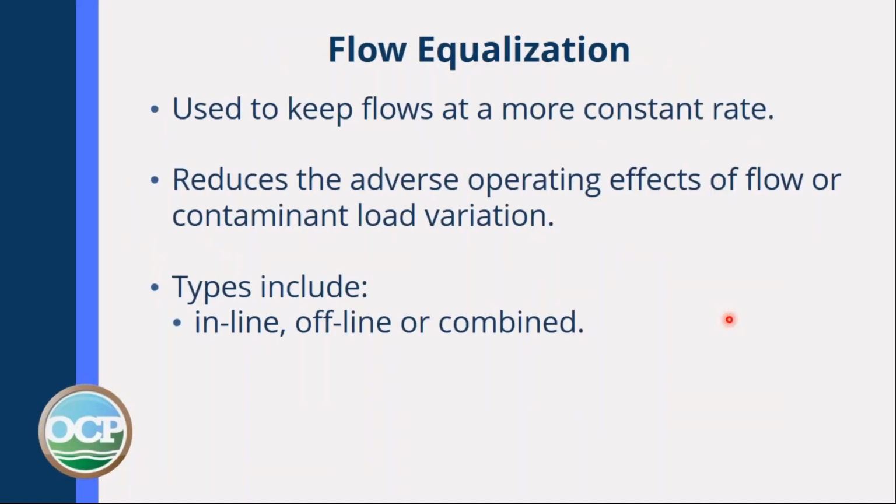The other way that we can help with removing excess material coming into the plant, this is often more about dealing with the amount of water coming in, is to have multiple basins where you can take in changes in the amount of water coming into the plant, store it in separate basins, and then you can remove it at a more constant rate into the secondary and tertiary treatment parts of the plant.